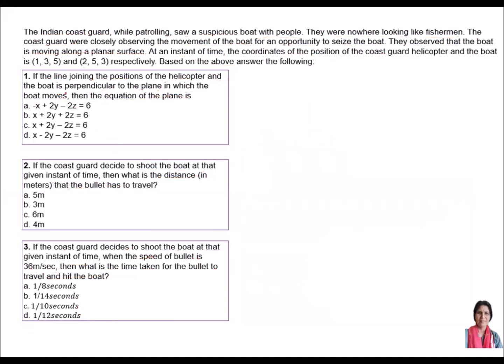First question. If the line joining the position of the helicopter and the boat is perpendicular to the plane in which the boat moves, then the equation of the plane is... so what we'll do, first you find the normal. The line joining the two, P is 1, 3, 5 and Q is 2, 5, 3.